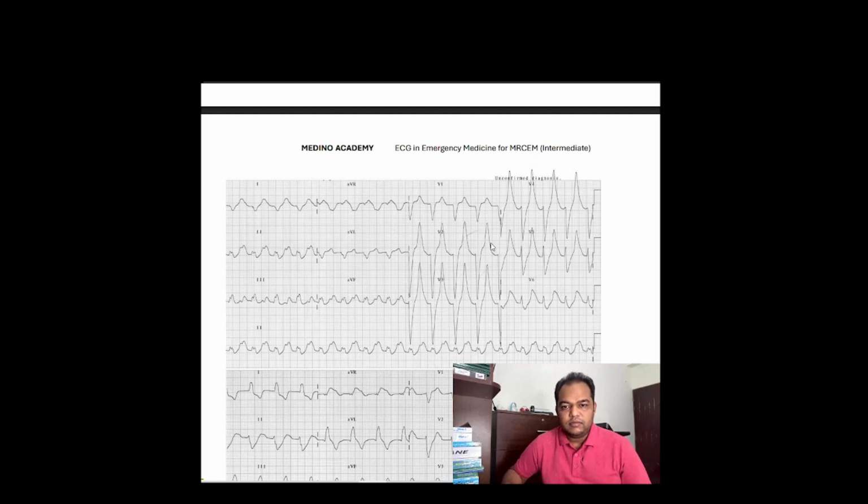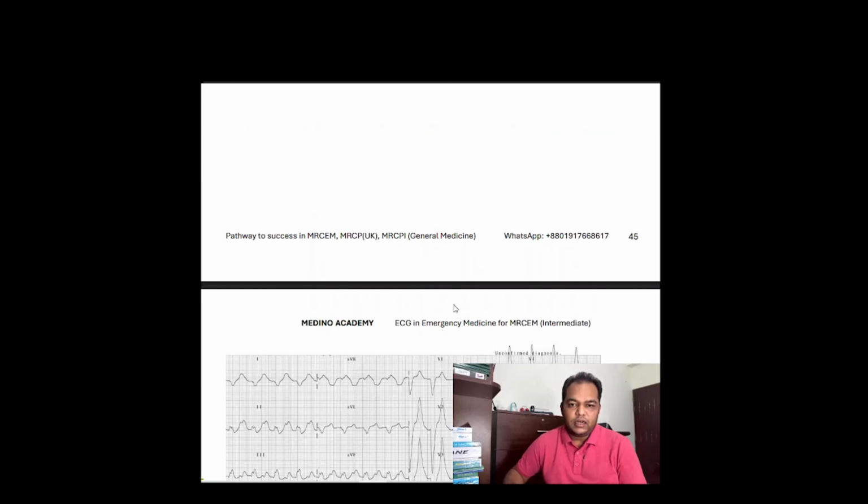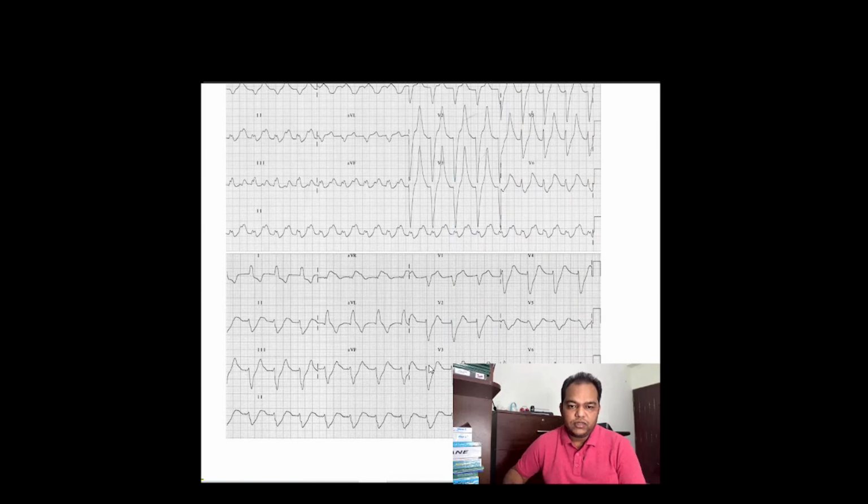We can appreciate these tall peaked T waves, which are the first ECG finding for hyperkalemia. And progressively, the QRS complex is widened. This QRS complex is wide, that means more than 3 small squares.